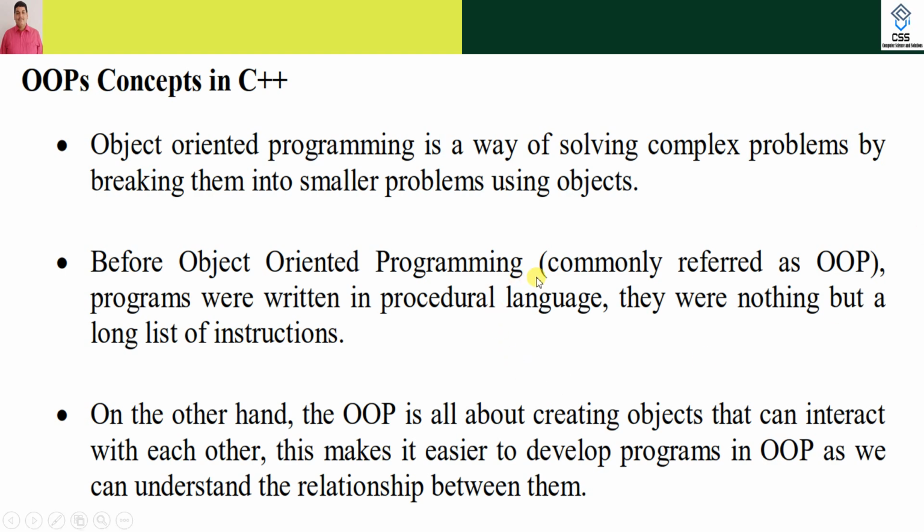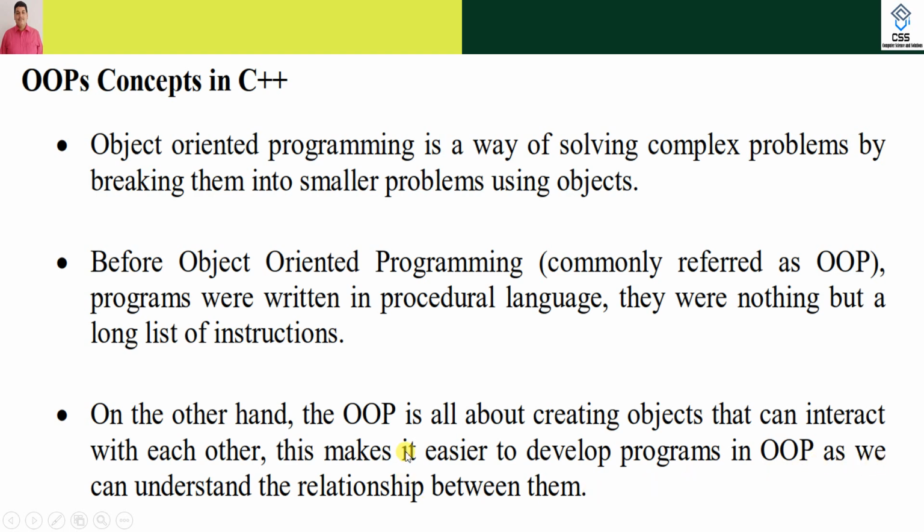Before object-oriented programming, commonly referred to as OOP, programs written in procedural programming were nothing but a long list of instructions, because we cannot provide data abstraction, data reusability, or data restriction, which is possible in object-oriented programming. On the other hand, object-oriented programming is all about creating objects that can interact with each other. This makes it easier to develop the program, as we can understand the relationship between them.